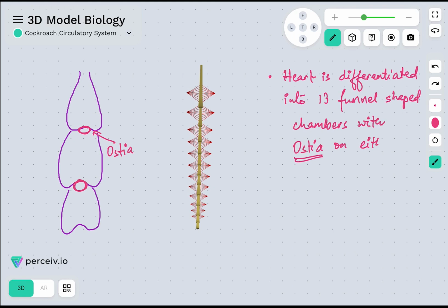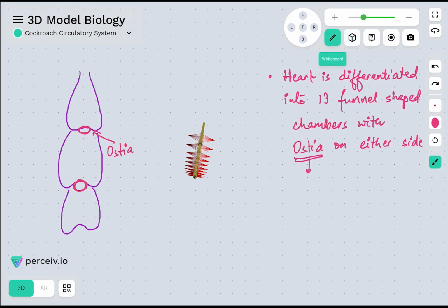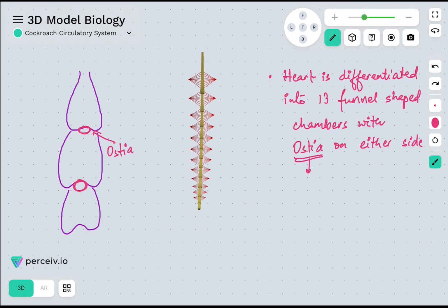So ostia is primarily responsible for allowing the flow of blood from one chamber to another chamber. The function of ostia is that since this is an opening, see, this is a kind of opening present over here, which is responsible for allowing the movement of blood from one chamber to another, that is from the posterior end towards the anterior end.